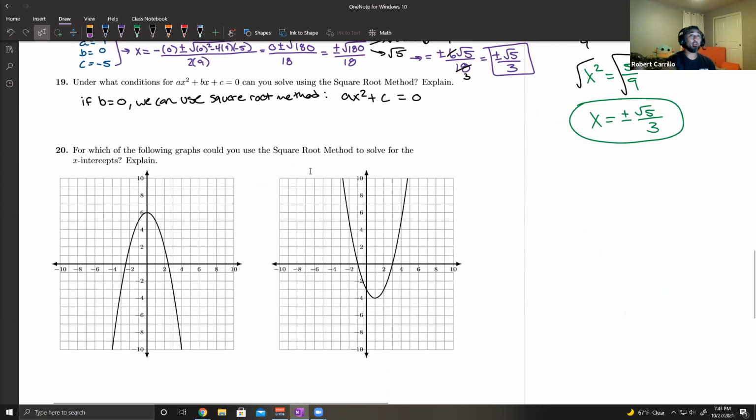And number 20: for which of these graphs could you use the square root method to solve for the x-intercepts? Now, this takes a little bit of thought about the answers we've been getting from the square root method. Anytime we use the square root method, we get plus or minus.